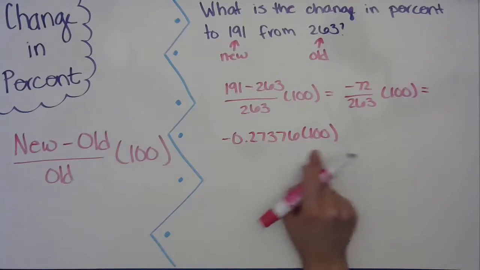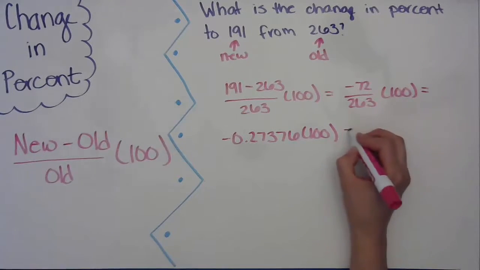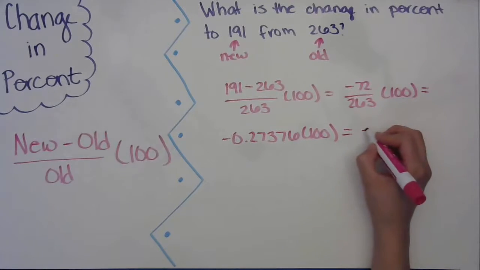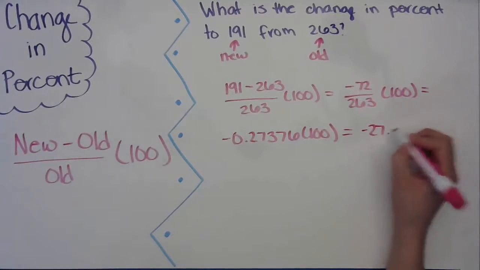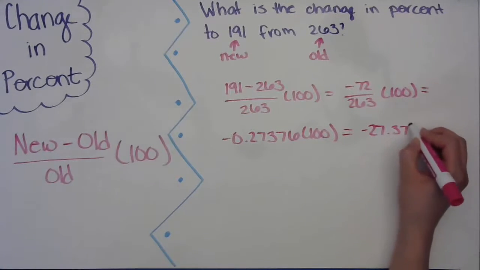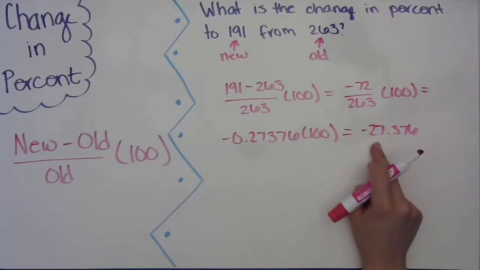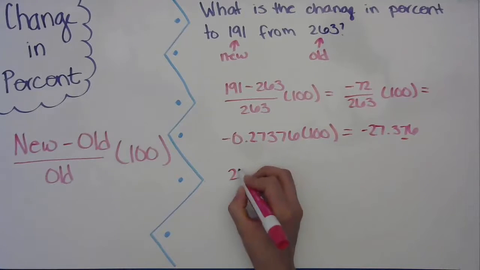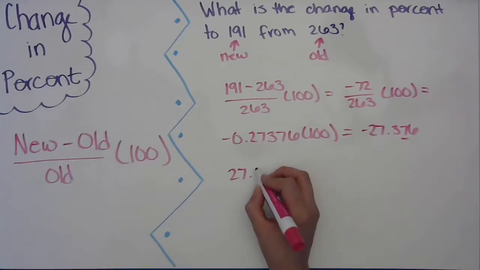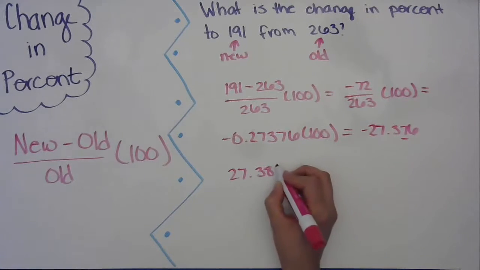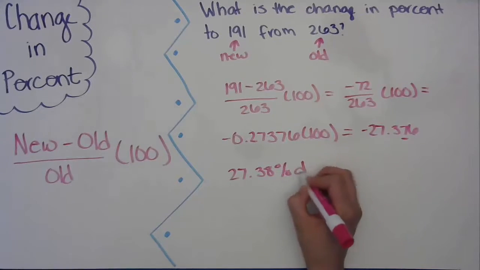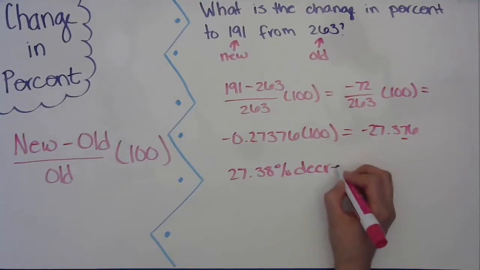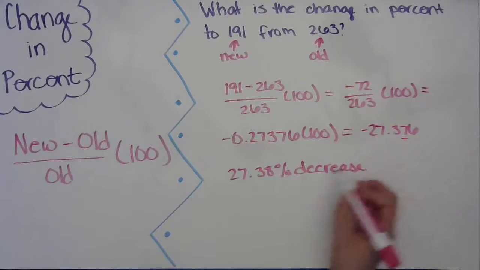Now remember, do not round at this point. And that is going to give us a negative 27.376. Now we're going to drop the negative and we're going to round to this number. So the final answer is going to be 27.38% decrease.